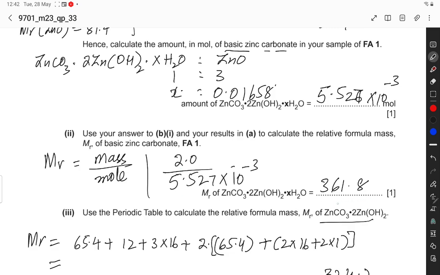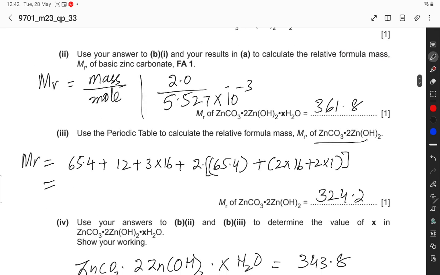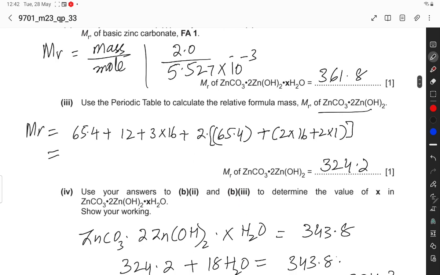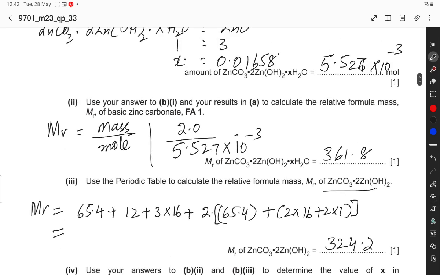So this is the reasonable Mr of zinc carbonate, because we have to subtract from this to get the mole of water.